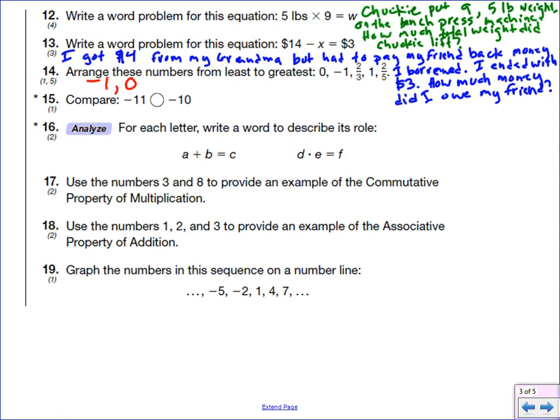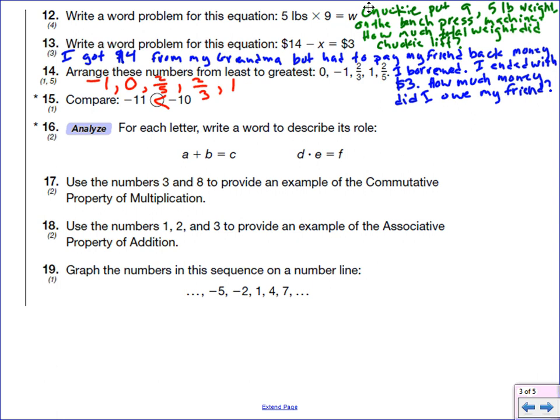And 2/5 is going to be less than a half, since 2.5 would be half of 5. So I'm going to say it's 2/5 and 2/3, and then 1. Compare -11 and -10. -11 is more negative, so it is less.